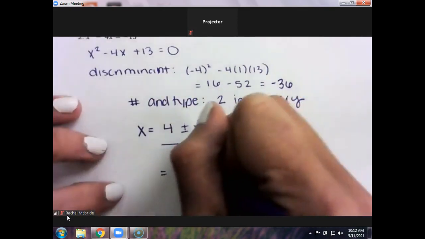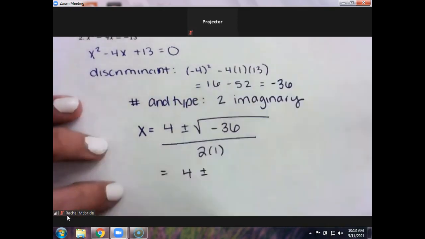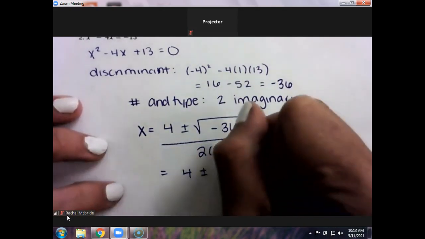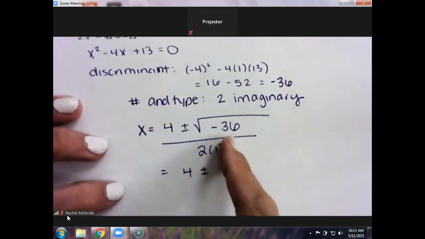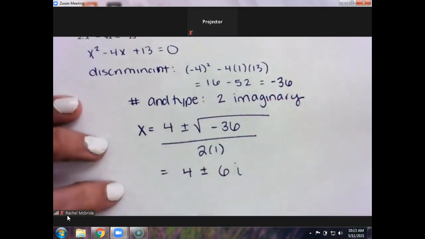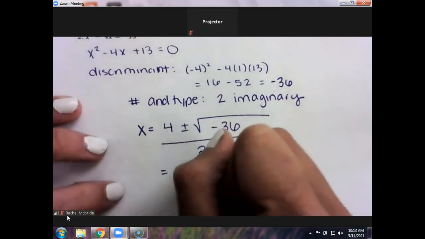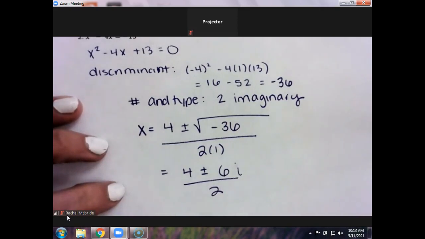So we get 4 plus or minus, a negative becomes an i. The square root of 36 is 6, all over 2.